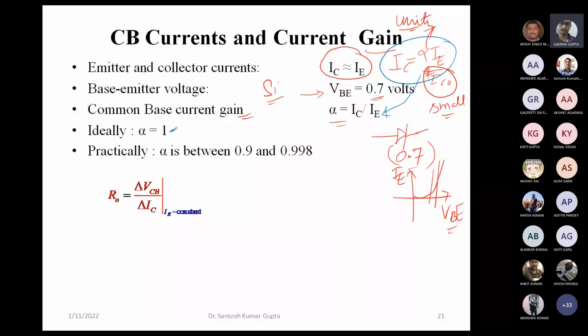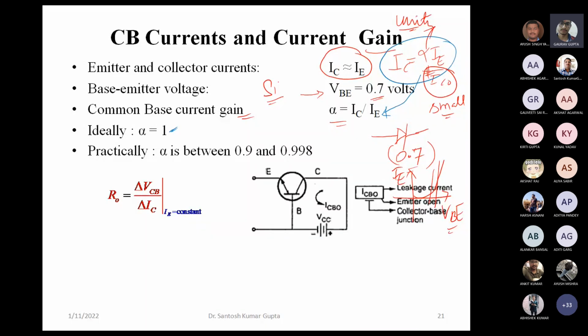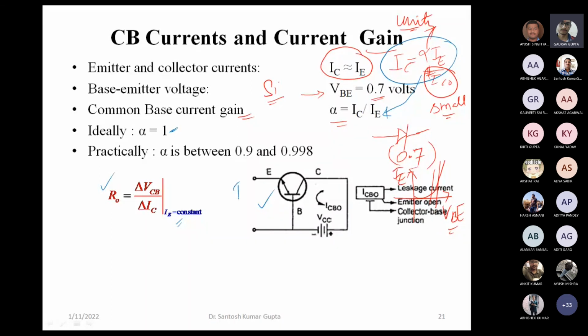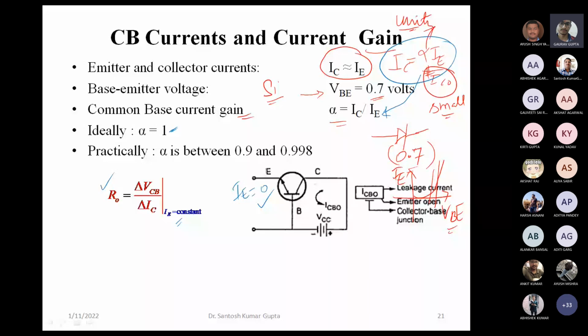We can define another term called output resistance. Output resistance can be defined as the change in the output voltage VCB to the change in the output current for a given IE. This situation shows that when the emitter is open, what is the value of the current flowing through the collector.